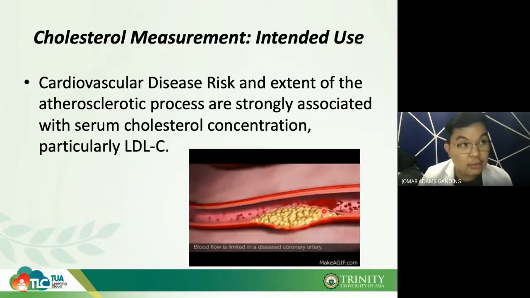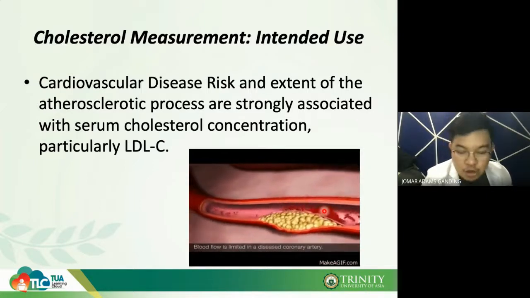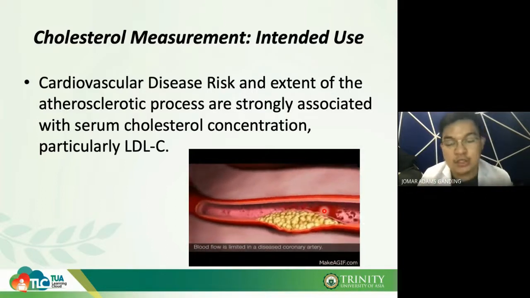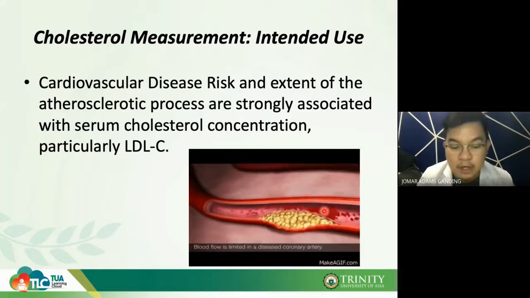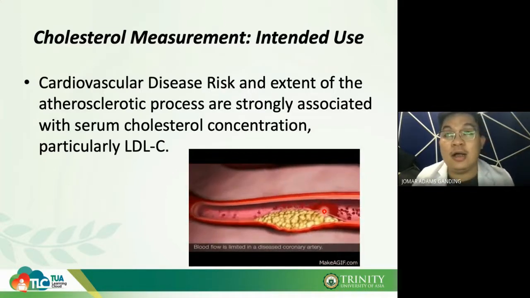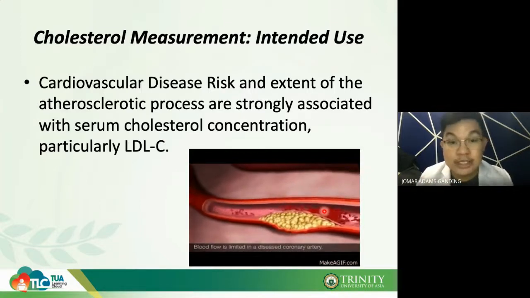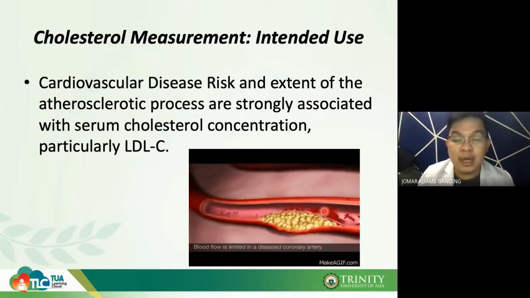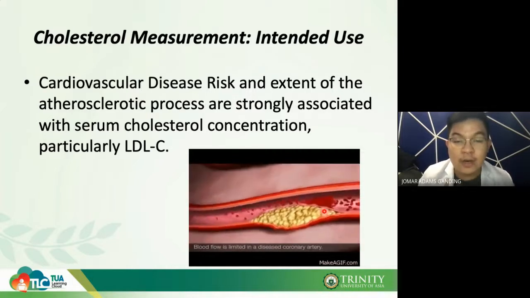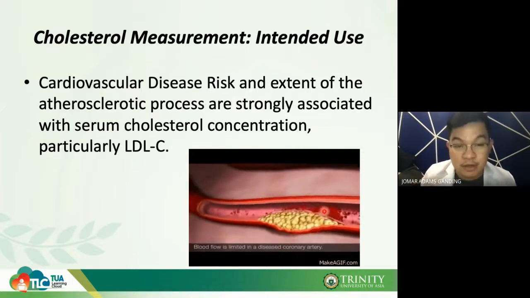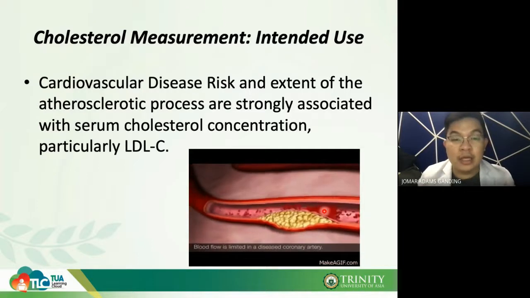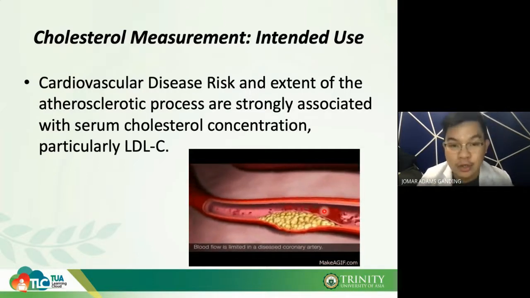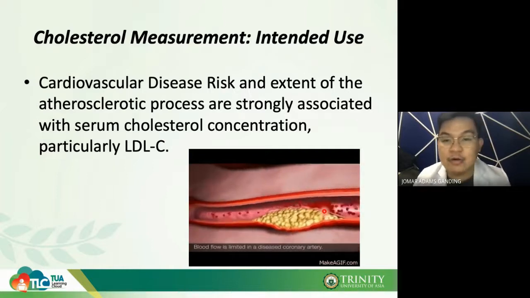So we'll be discussing more about the disease progression of your cardiovascular disease and atherosclerosis when we go to your lipid lecture, because there's a specific lecture for that, so that I'll be able to explain to you guys the process on how your cholesterol are deposited on your blood vessels and form a plaque that will now hinder, or that will now block your coronary arteries.